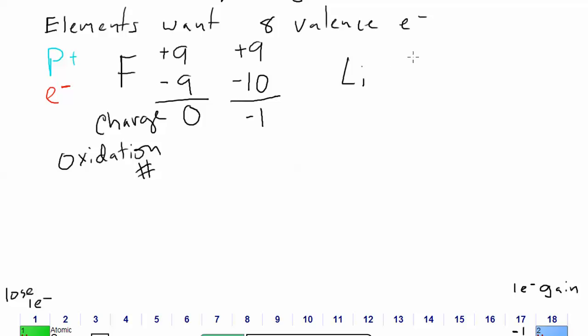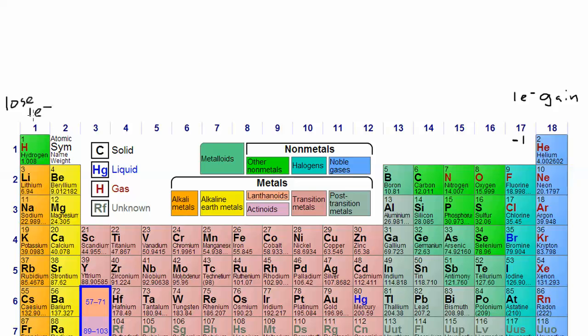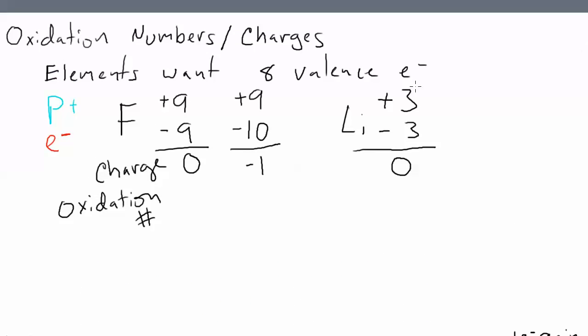Lithium, as an atom, has 3 protons, so plus 3, and 3 electrons, so minus 3. So again, as an atom, its charge or oxidation number would be 0. But lithium, to become more stable, wants to lose an electron. So if lithium loses an electron, it's going to still have 3 protons, but it's going to lose an electron.